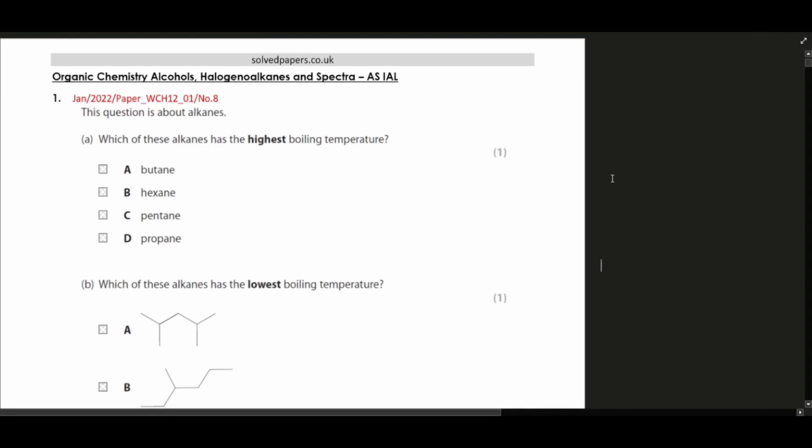Organic chemistry, halogenoalkanes. This is the fourth chapter, I believe, the last chapter basically. I believe it's the easiest chapter in AS, in my point of view.